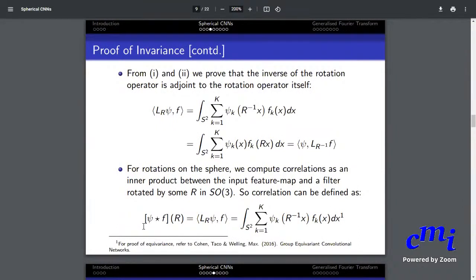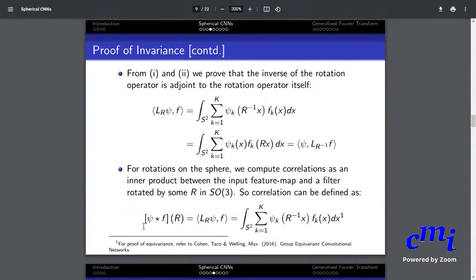Yeah, so we get this proof, and for rotations on the sphere, we compute correlations as an inner product between the input feature map and a filter rotated by some rotation R in SO3.